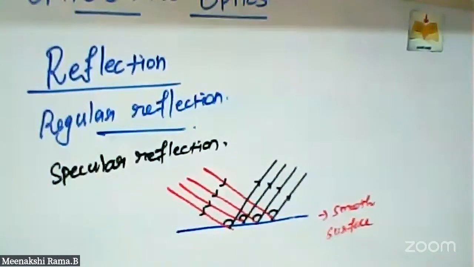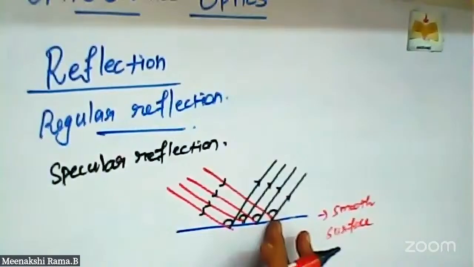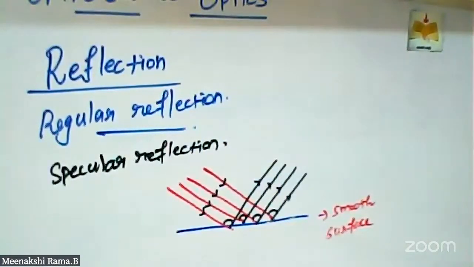So the law of reflection is obeyed in this case. Examples of regular reflection are a plane mirror and the reflection of light from the surface of still water.